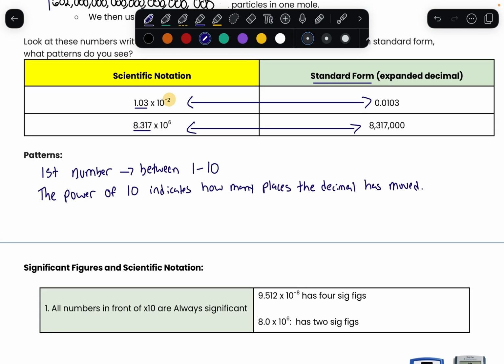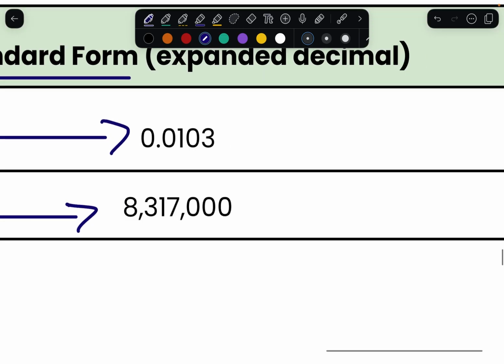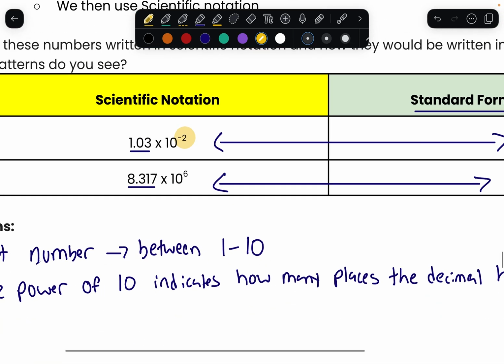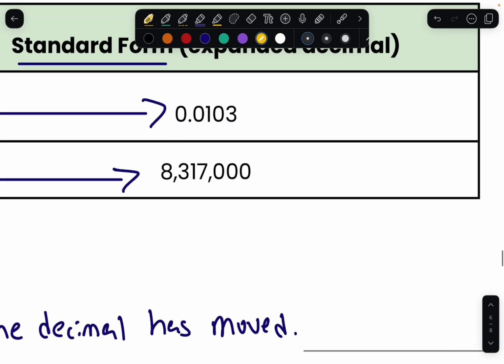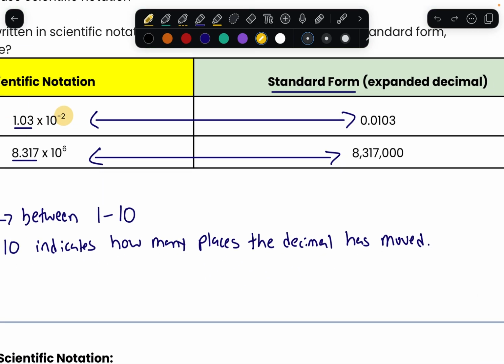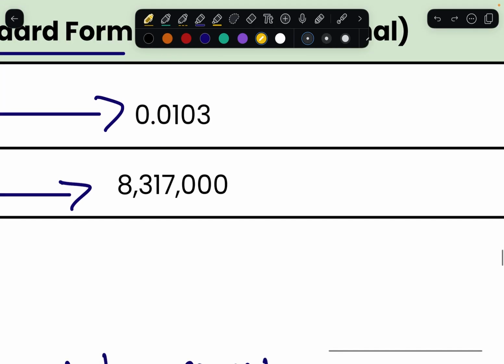Okay. So if I look here at 0.0103, how did I get to this scientific notation form? Well, to get to this 1.03 number, this first number, we had to move the decimal place 2 spots to put it between the 1 and the 0.